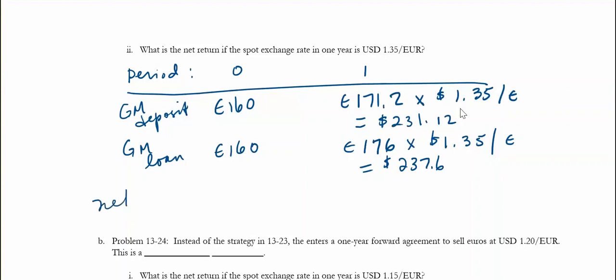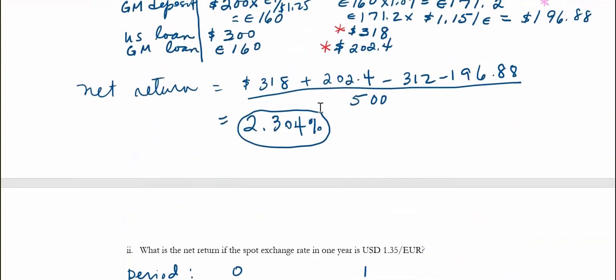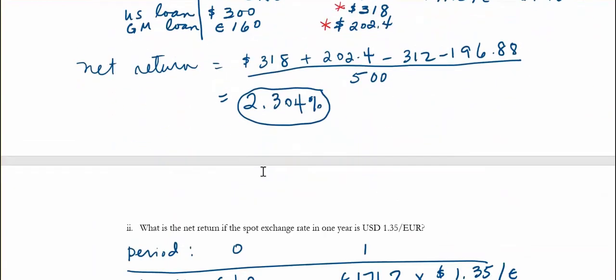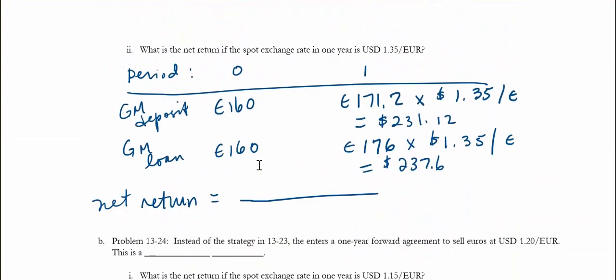Now let's calculate what the new net return would be. The US return is the same as what we had calculated earlier, 318, plus the loan in Germany, which will be worth 237.6.